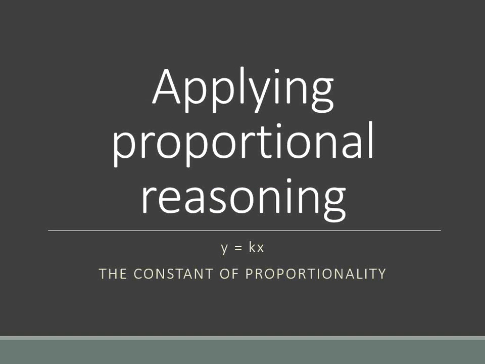Okay, so for my final example, I want to talk about applying proportional reasoning to the constant of proportionality. The equation that goes with this is y equals kx, the equation showing direct variation.